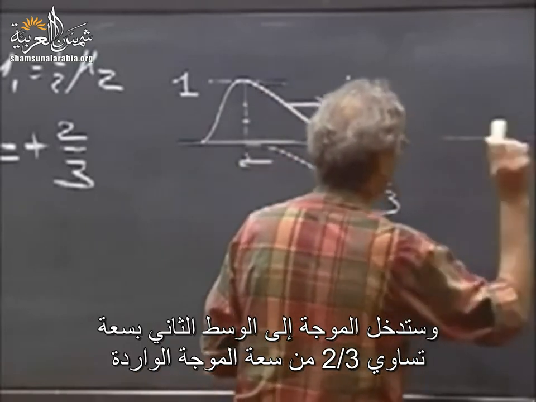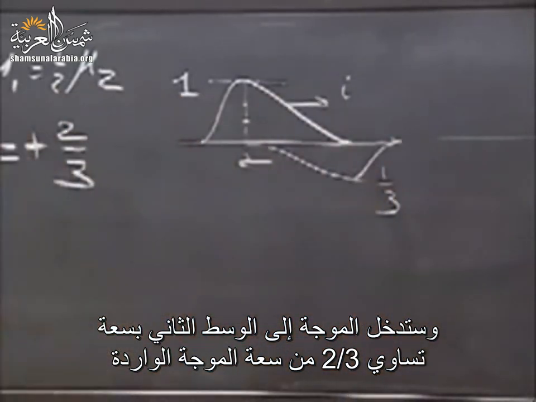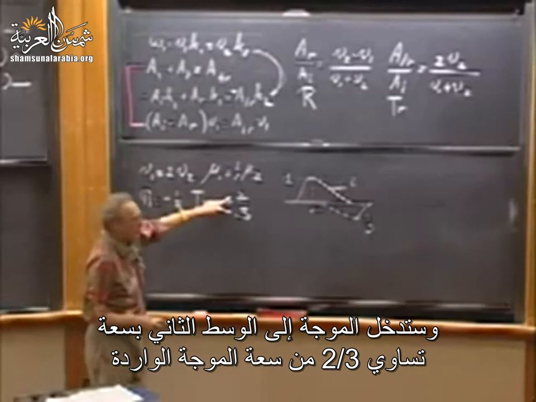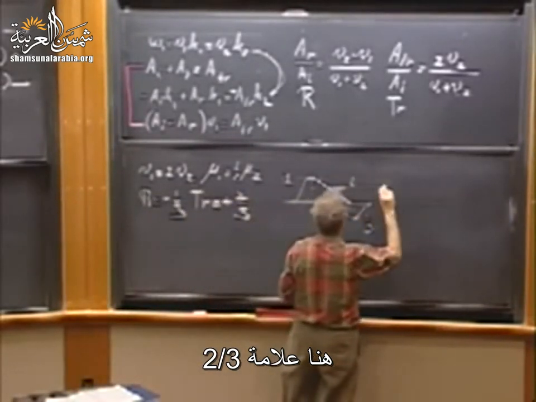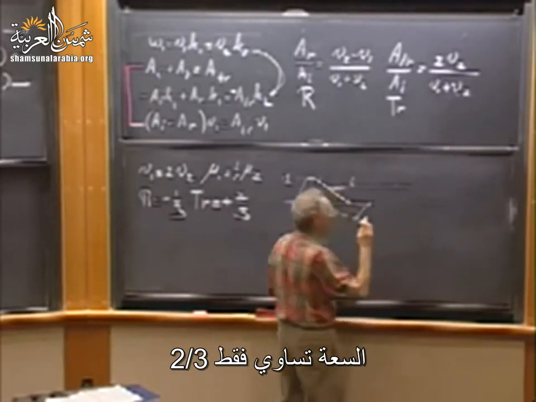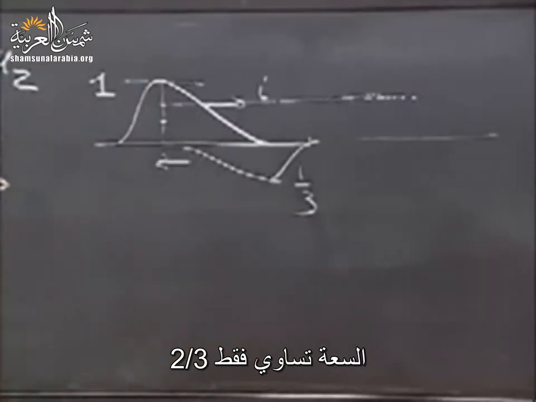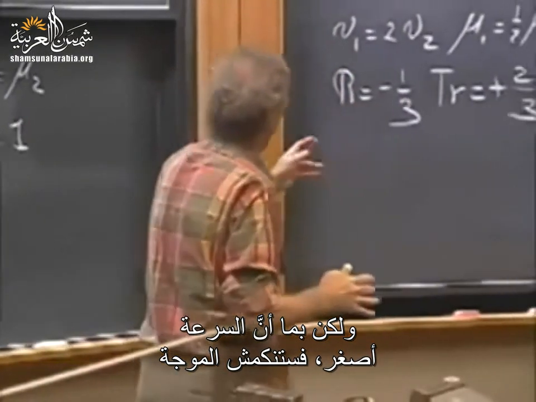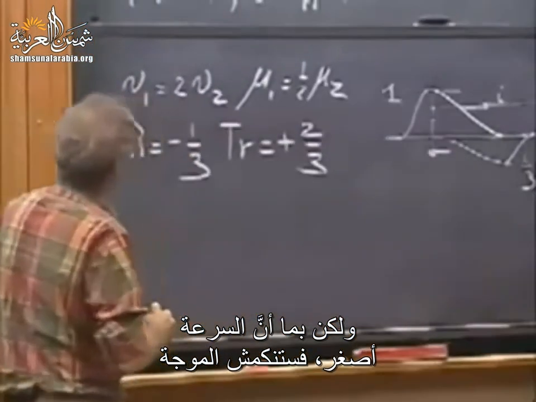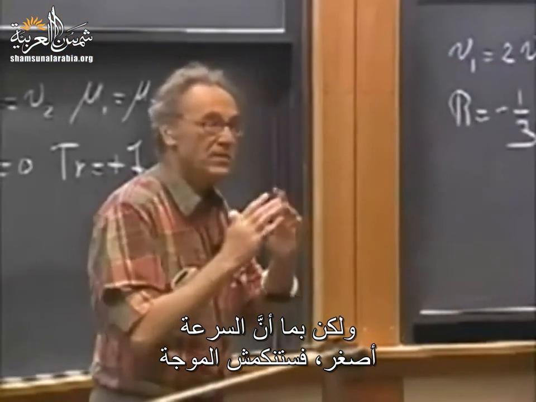And now, what goes into that medium number 2 is a pulse with 2/3 the amplitude. So this is the 2/3 mark. So the amplitude is only 2/3, but since the speed is lower, because you notice the speed is lower, therefore it shrinks.